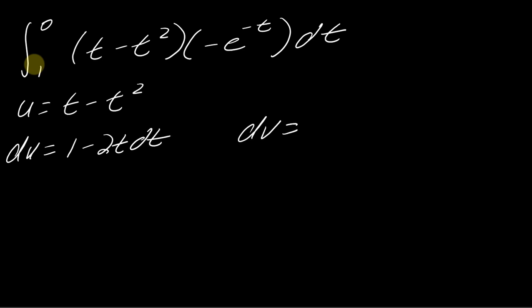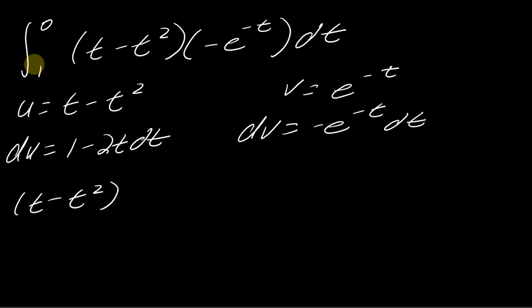And then my dv will be negative e to the negative t dt, which makes my v e to the negative t. And so let's drop the limits of integration for a moment. So my uv, this will be t minus t squared times e to the negative t, minus my v du, so this will be 1 minus 2t times e to the negative t dt.